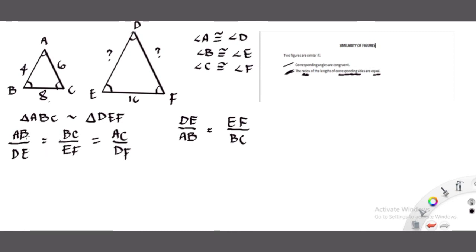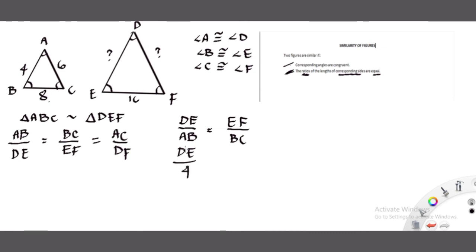Alright? So, the same lang siya dito sa una nating sinulat. Kaya lang dito kasi nasa numerator natin yung value ng smaller triangle. Dito, binaligtad natin. Yung bigger triangle naman, yung nasa numerator. And if we're going to solve for the value of DE, let us substitute the other values na given. So, we will have here DE over AB. Ano ba ang measure ng AB? That is 4.